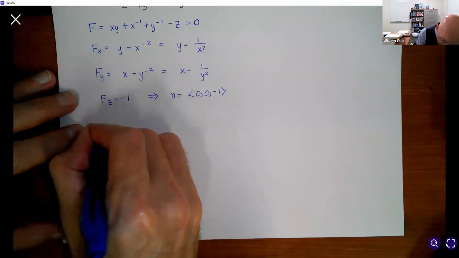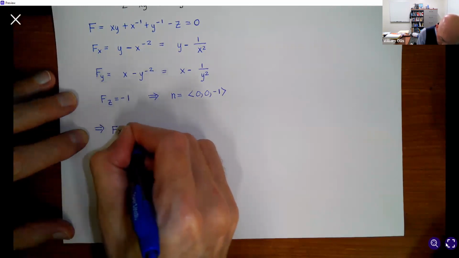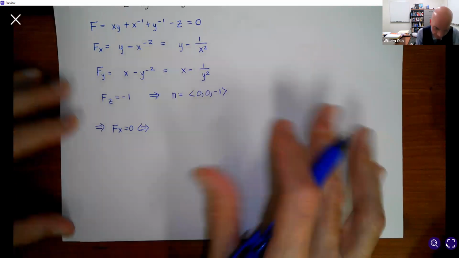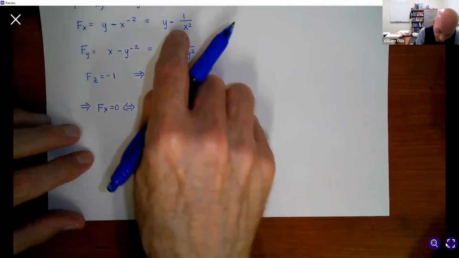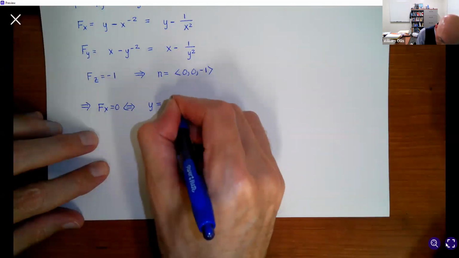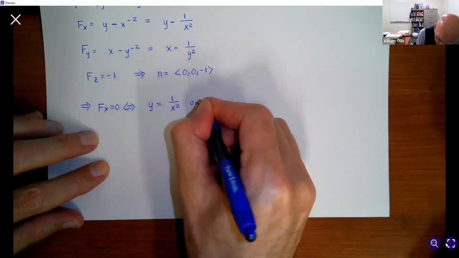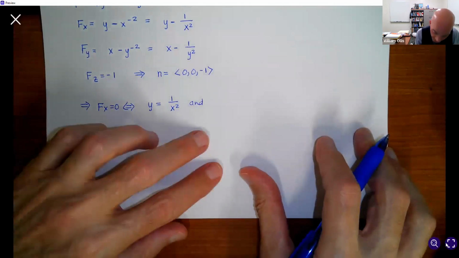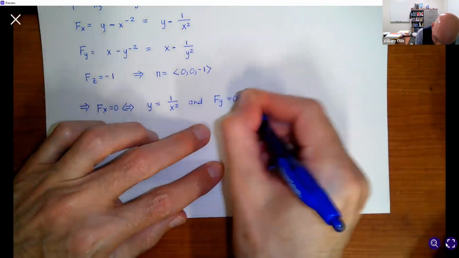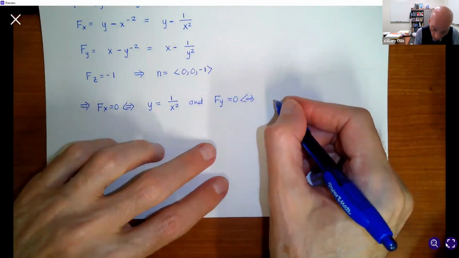So now we've got fx equals 0 if and only if, looking at the equation, y will equal 1 over x squared, and fy is equal to 0 if and only if x is equal to 1 over y squared.